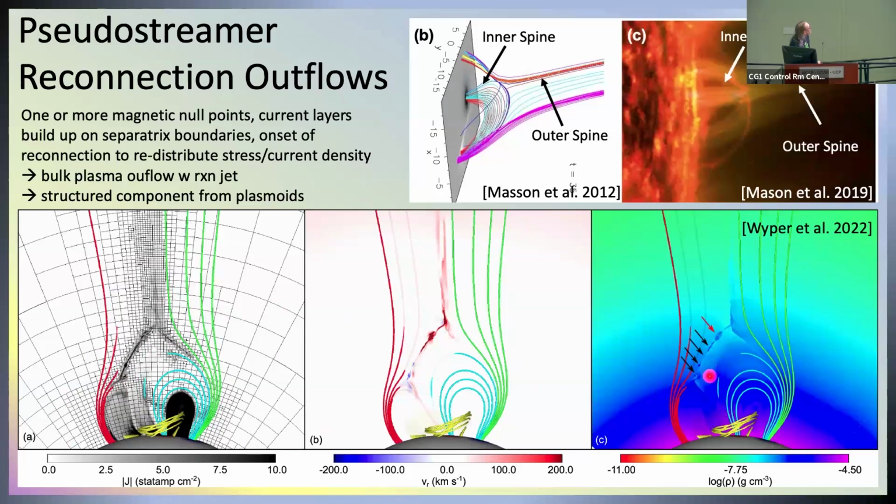And what I've got arrows pointing to here are all little pseudostreamer versions of the flux ropes being made at the helmet streamer. Now, this is a much smaller spatial scale, because this current sheet is just basically right above the pseudostreamer. So these things are way smaller than the helmet streamer blobs.